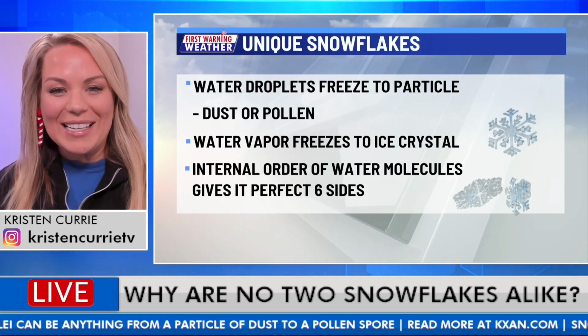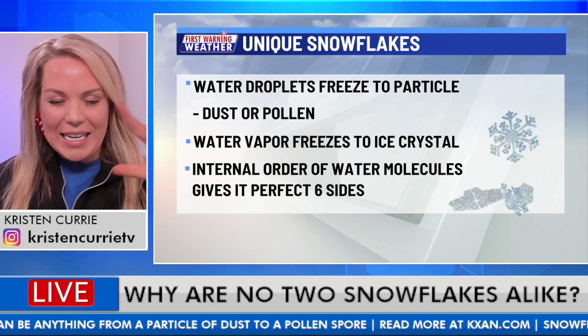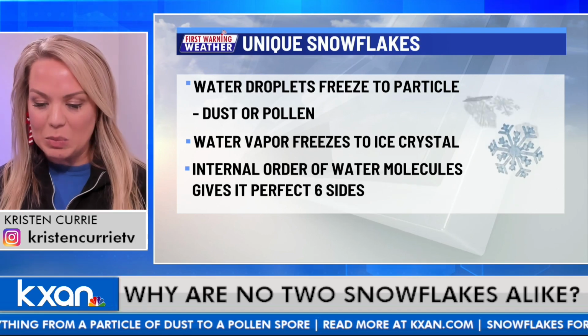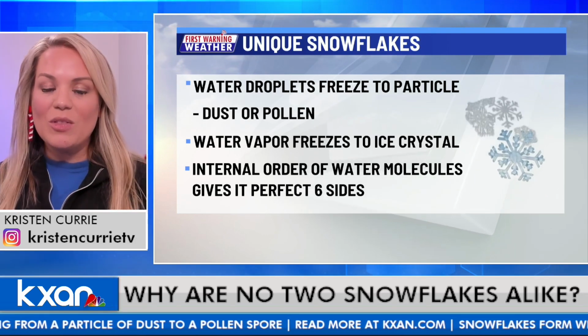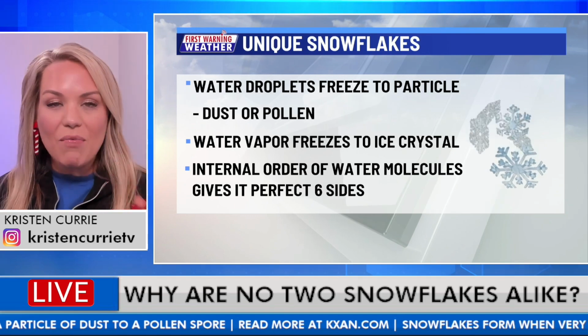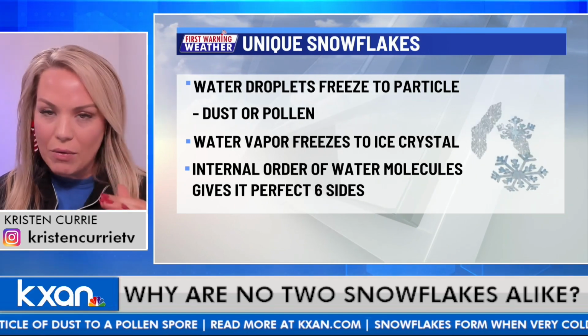There's my snowflakes, because this can kind of get a little convoluted, but I'm going to simplify it as best as possible. If we are in a cloud, those temperatures in my cloud are sub-freezing, but we have those water droplets, and it's very, very cold.